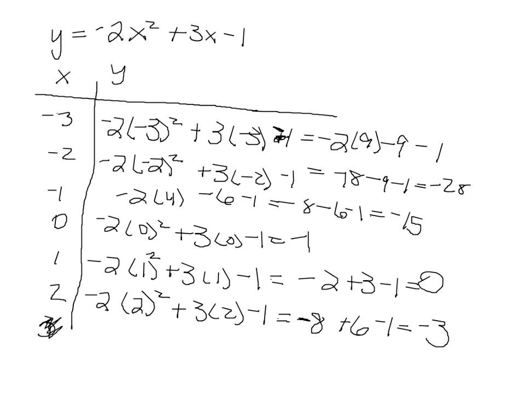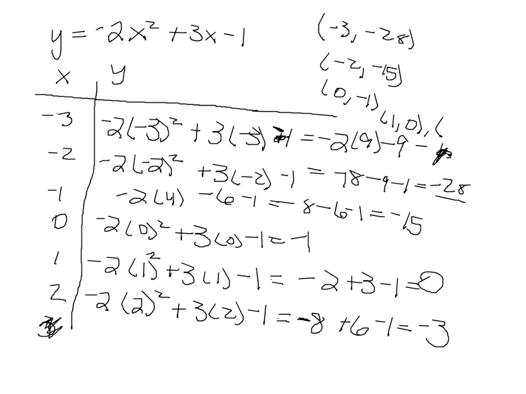So I have the ordered pairs minus 3, minus 28; minus 2, minus 15; 0, minus 1; 1, 0; and 2, minus 3. So I'm going to go to the next page with that.